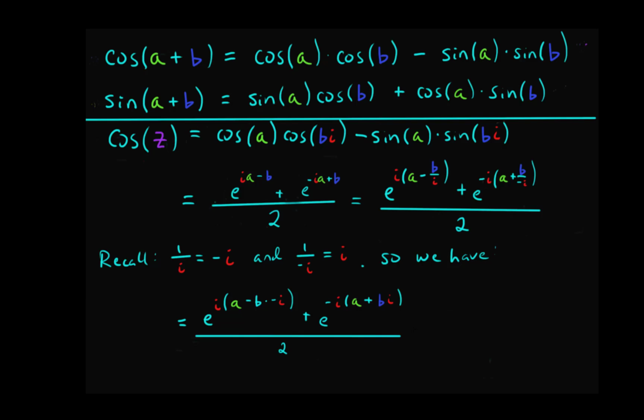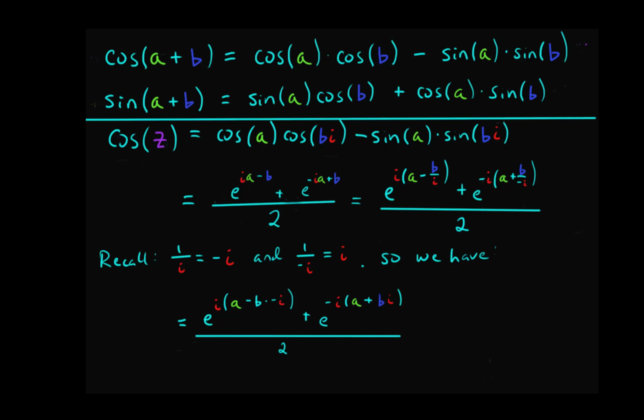And this is all over 2. So we now have cosine of z equals e to the i times, open parenthesis, a minus b times negative i, close parenthesis, plus e to the negative i times, open parenthesis, a plus bi, close parenthesis, all over 2.